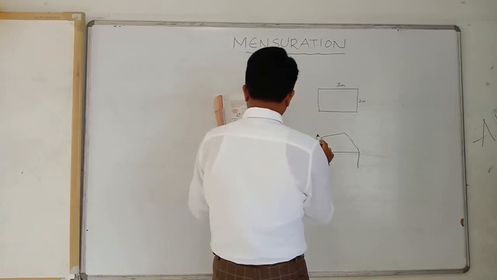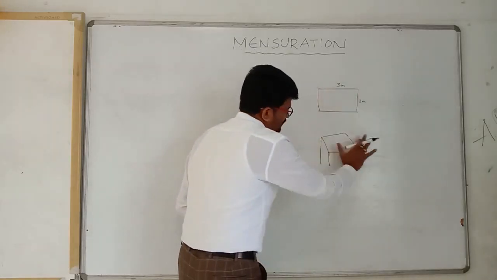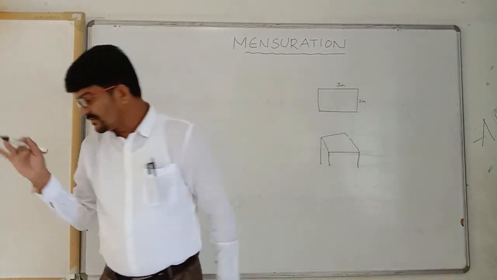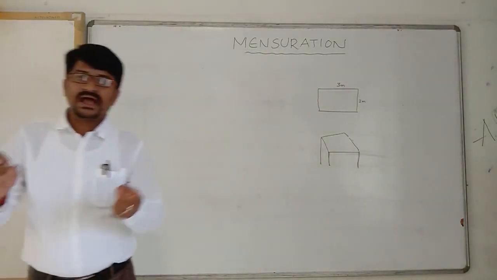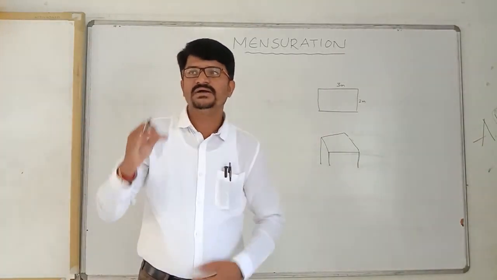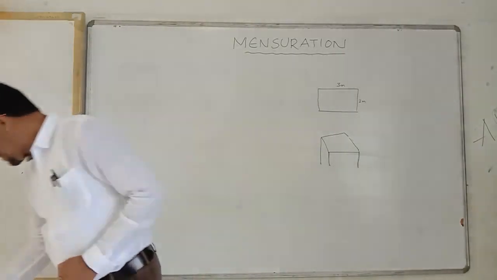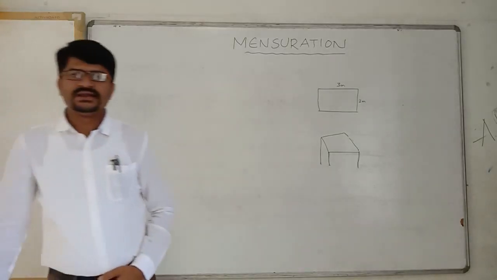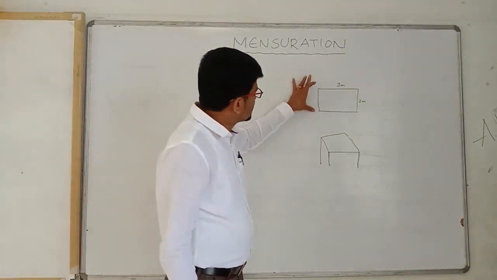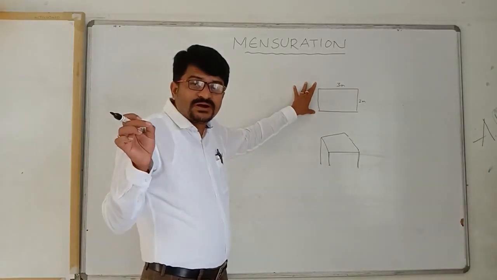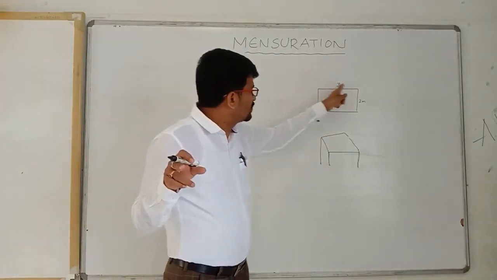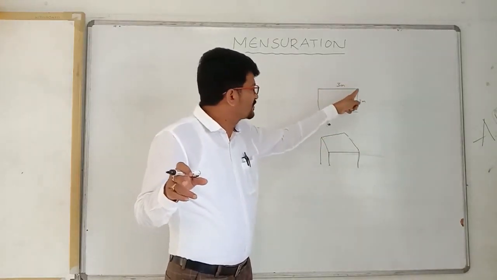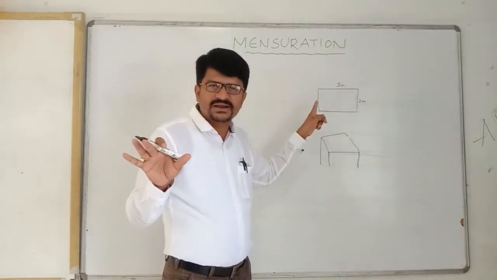This is the cover. For that cover, Shabana has to put some lace. Look at what is given clearly: border, lace border. It means only around this object. Whenever we are going around, that comes under the perimeter.